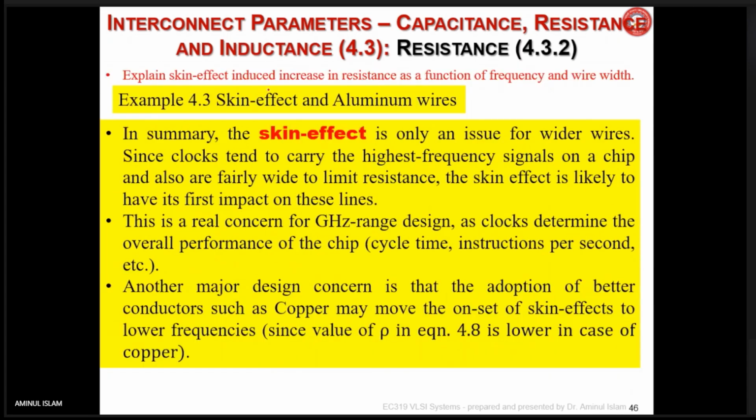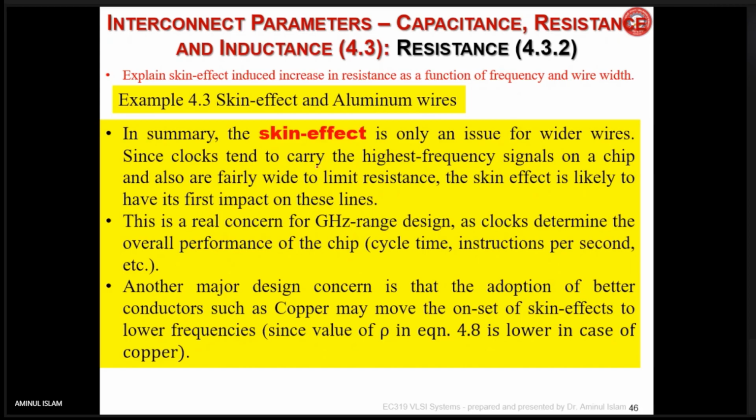Explain the skin effect induced increase in resistance as a function of frequency and wire width. This is the example you go through, and it is summarized here in this way. In summary, the skin effect is only an issue for wider wires or interconnects.